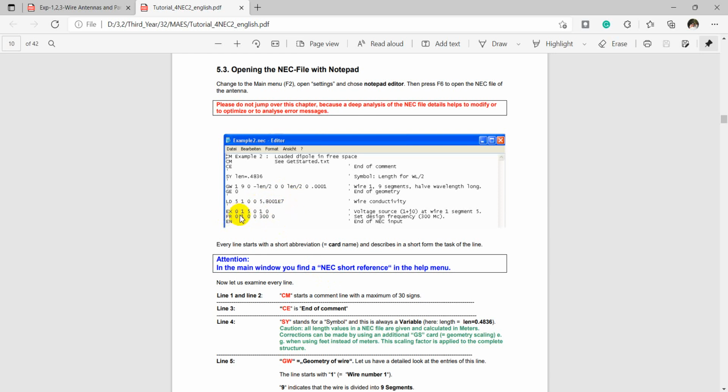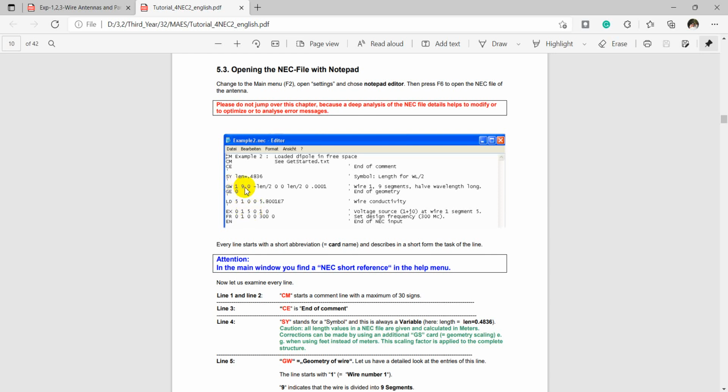EX stands for excitation, which is according to the voltage source. In this you can see that the first 0 indicates the source of this antenna is in the center of the wire, the voltage source, and the 1 stands for the number of tag. The segmentation indicates the middle of the wire is connected with the source.